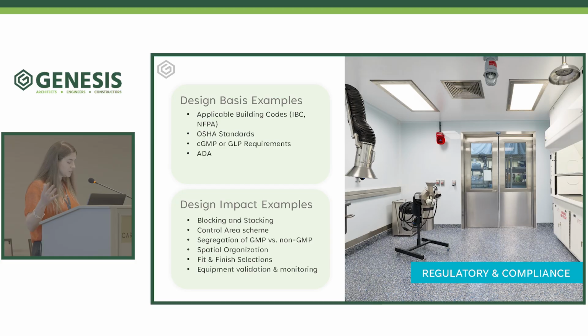CGMP requirements will also have major impact on space planning in terms of segregation of spaces, and high-level cost considerations as well for the finished selections and equipment protocols. So identifying where these apply in the project is critical.